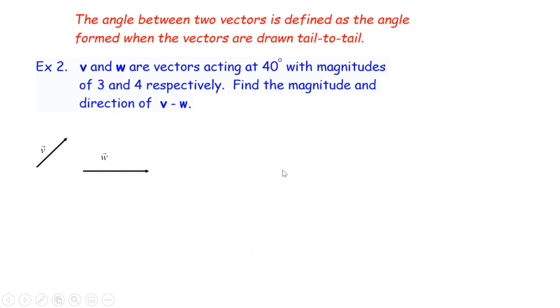So how do I subtract them? Well, here's my V vector, what I'm pointing to right now. My W vector, though, is going in the opposite direction over here, right? So that's where it's going. Whereas the W vector is pointing to the right, the minus W vector is pointing to the left. Same magnitude, but it's pointing to the left rather than to the right.